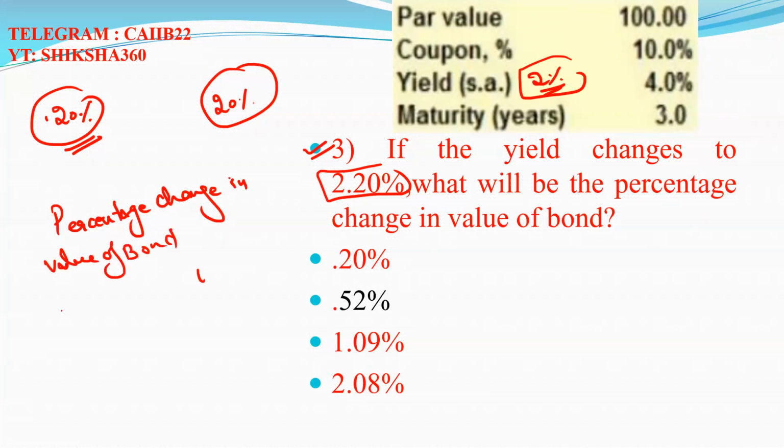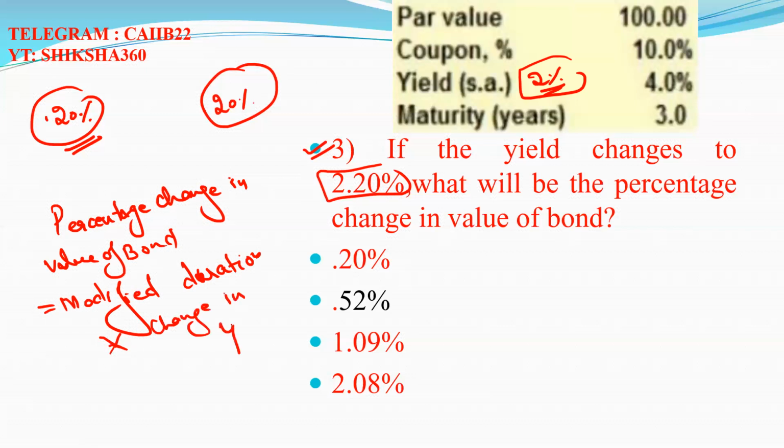It is equal to modified duration into change in yield. The modified duration we have already calculated is 2.641, and the change is 0.20.